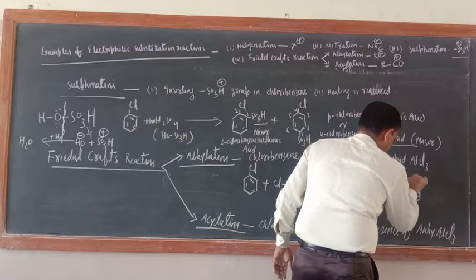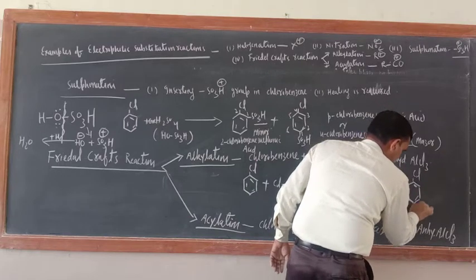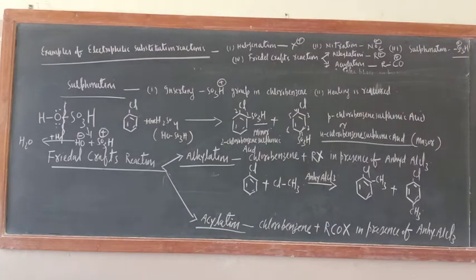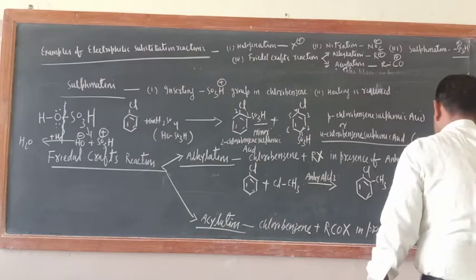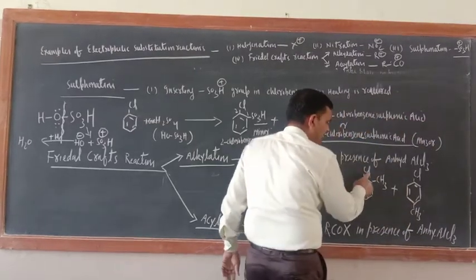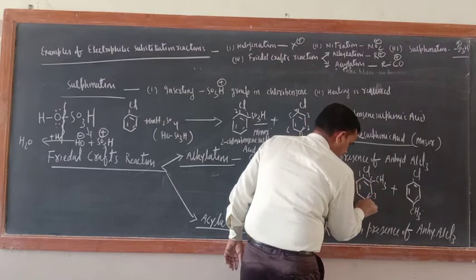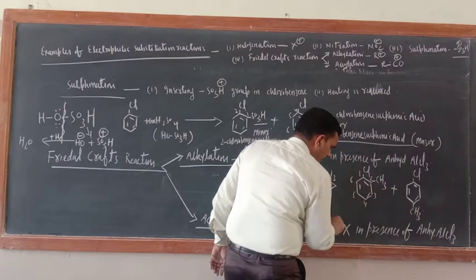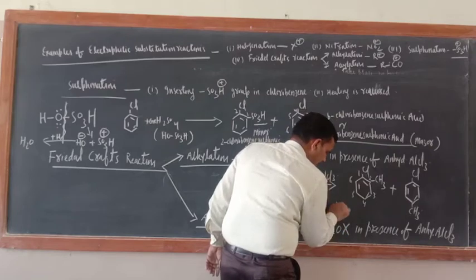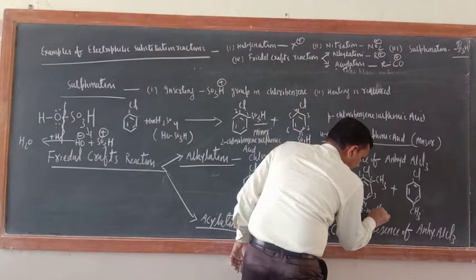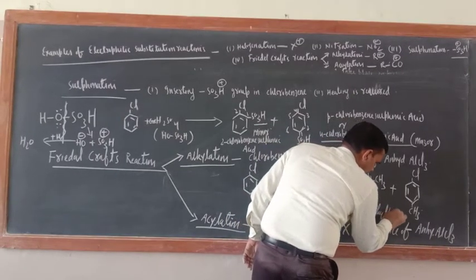Plus this one, Cl, and here CH3. What is the name of this product? Halogen gets priority over the alkyl group. So 1 2 3 4 5 6, 1-chloro-2-methylbenzene.